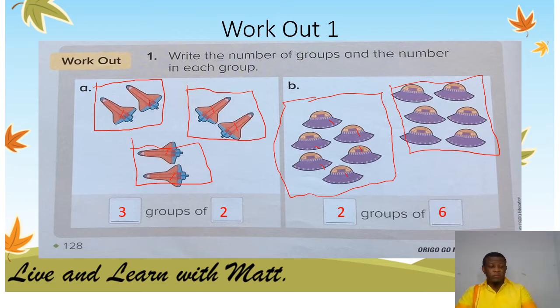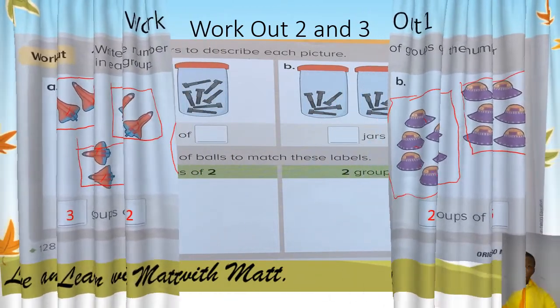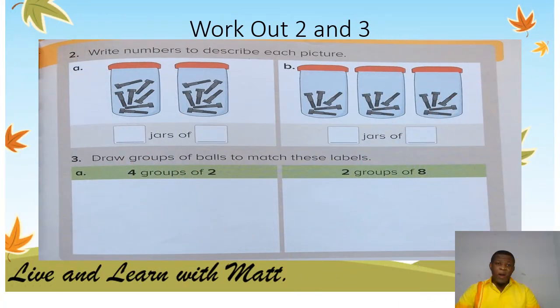Are we done? Okay, number 2. Write numbers to describe each picture, part A. So how many groups do we have there? 2 groups. How many jars? We have 2 jars.